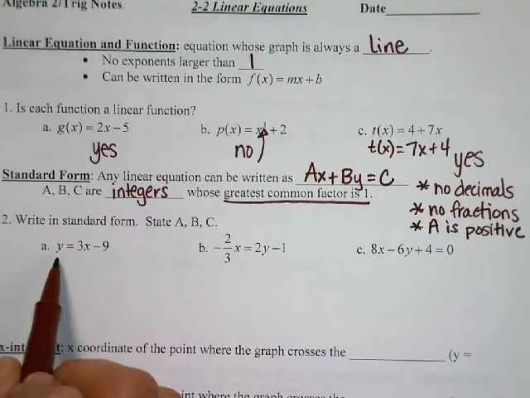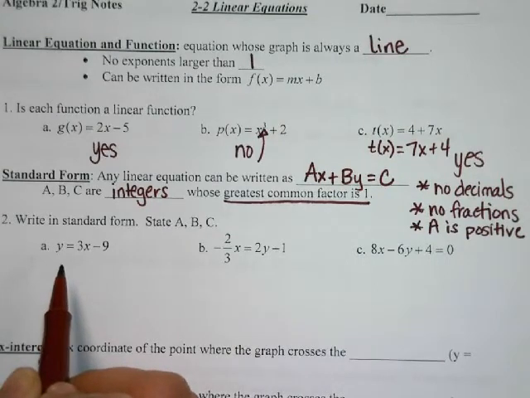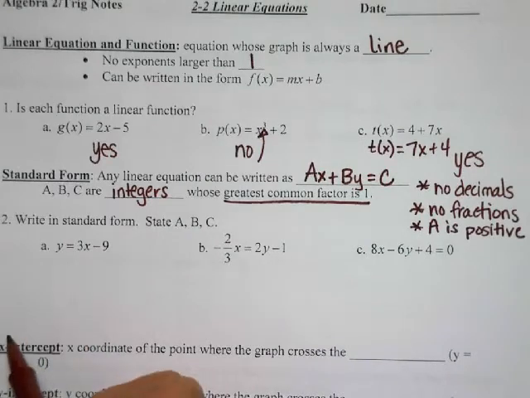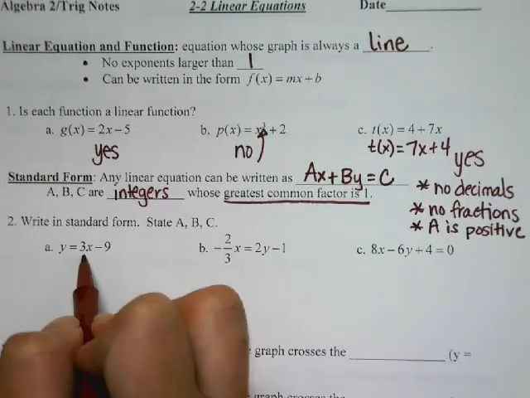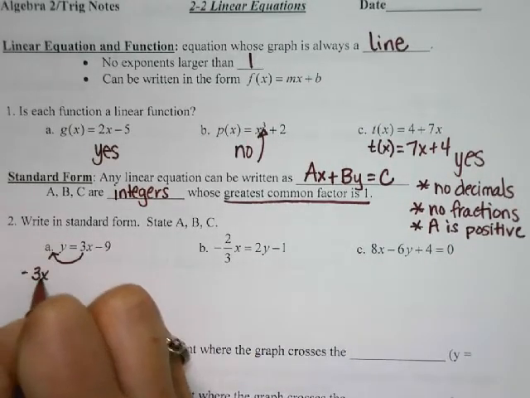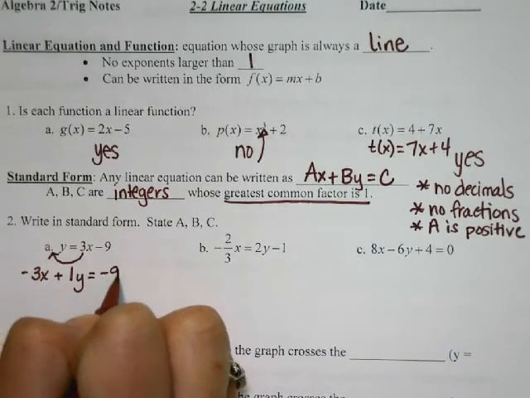All right, so if I look at this guy right here, y equals 3x minus 9. I want to put my variables on one side and my constant on the other side. So what do I need to move? The 3x, okay? So I'm going to move the 3x to this side by subtracting him, so I get a negative 3x. Plus, I'm going to put a 1 in front of the y just to make our life easier.